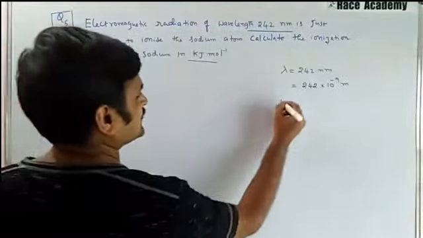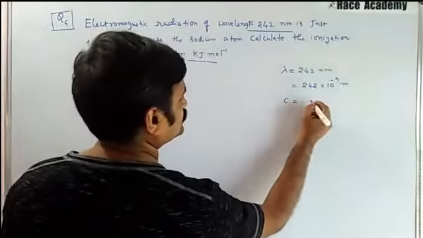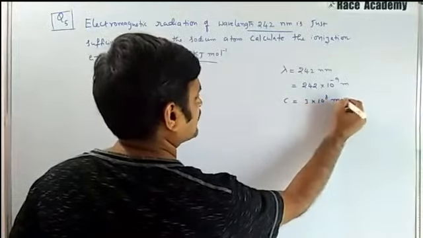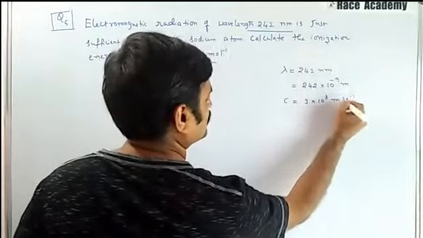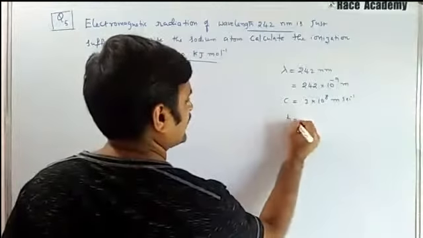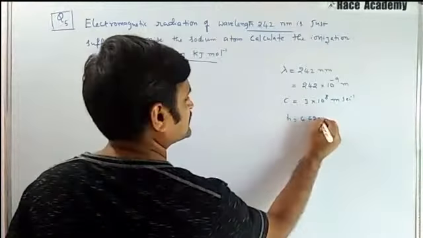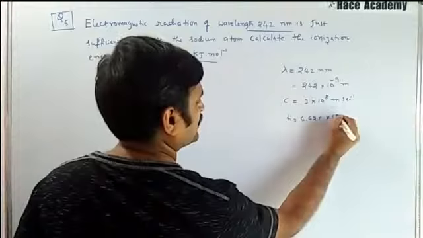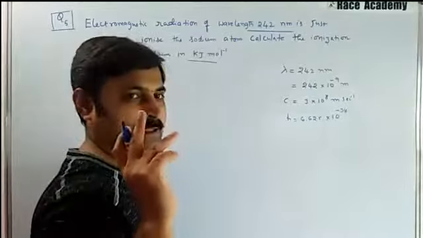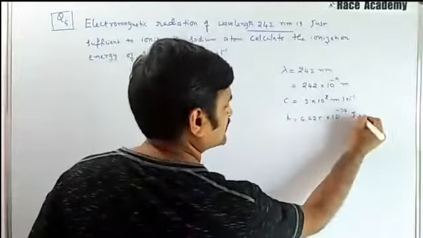You know that the velocity c is equal to 3 into 10 to the power of 8 meters per second. Coming to the h value, h is equal to 6.625 into 10 power minus 34 joule second.